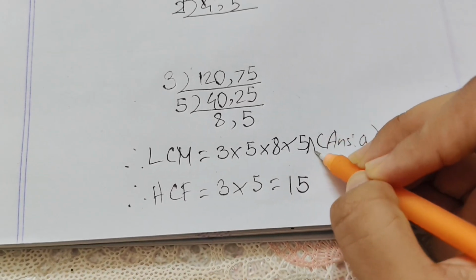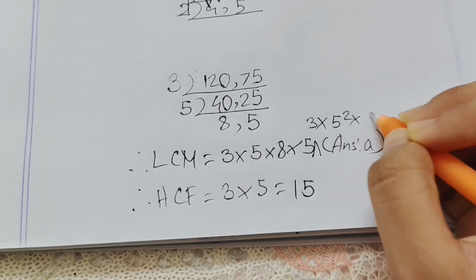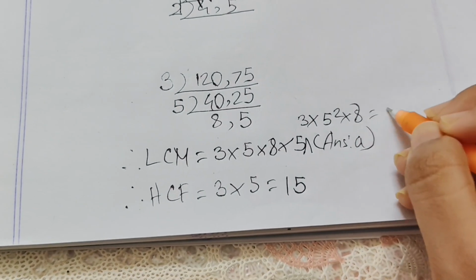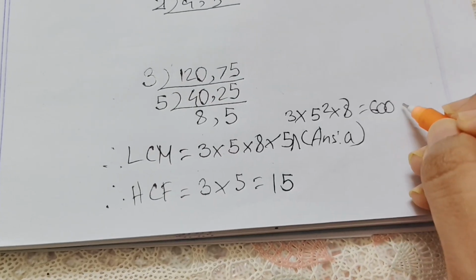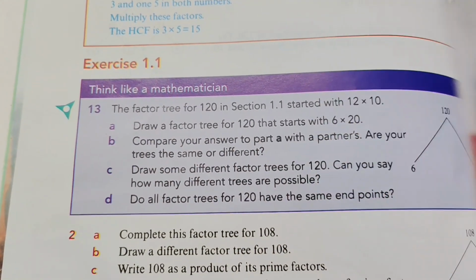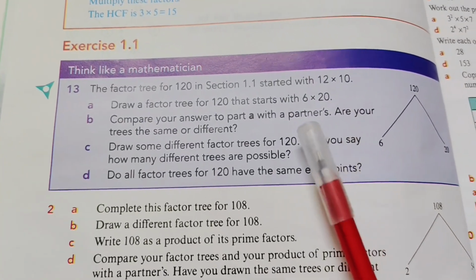Oh yeah, by the way, it's not like this. The LCM is 3 multiplied by 5 squared times 8, and whatever you get is going to be the answer, which in this case is 600.